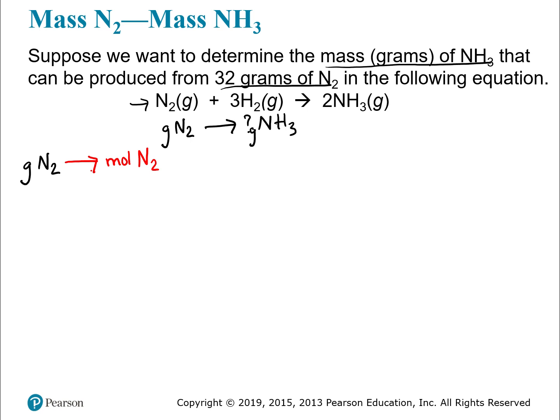Not Avogadro's number. That's to go from moles to number of things. It's molar mass. So to go from mass to moles or moles to mass, you need molar mass. So we're going to need the molar mass of nitrogen gas.